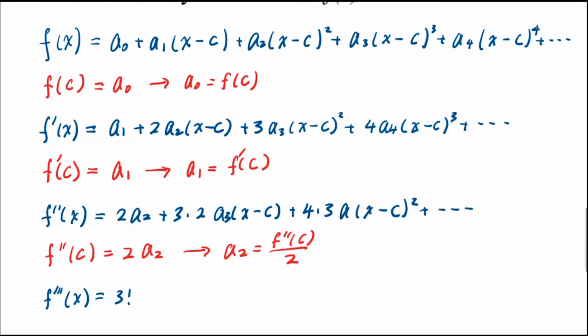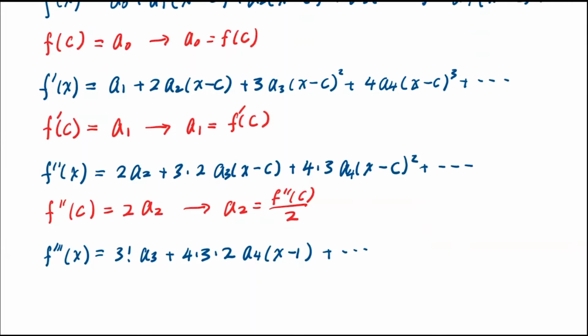So whenever you try to rush things, then this happens. So now this becomes A3 plus 4, 3, 2, A4, x minus c, and then dot, dot, dot. Good.